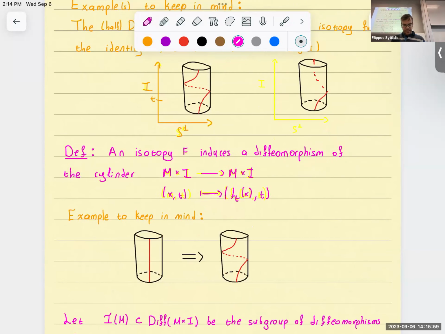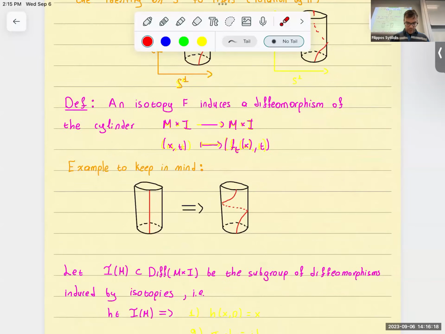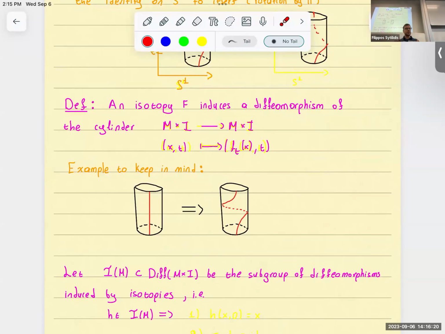And again, the example to keep in mind with these pictures is the cylinder on the left gets mapped to the cylinder on the right and sends this red curve to this red curve. So hopefully that was more of a review, but any questions or concerns about isotopy as defined?